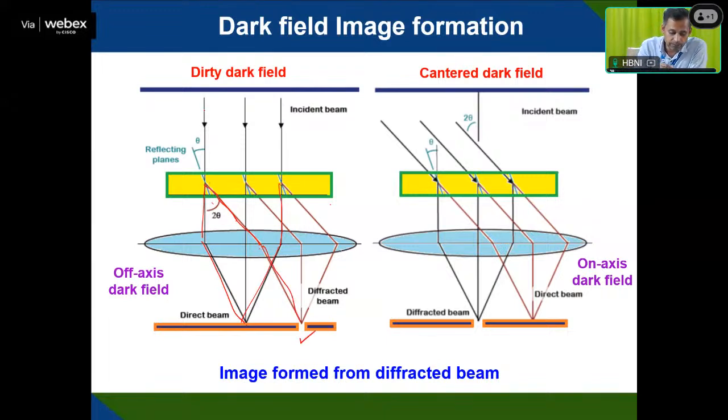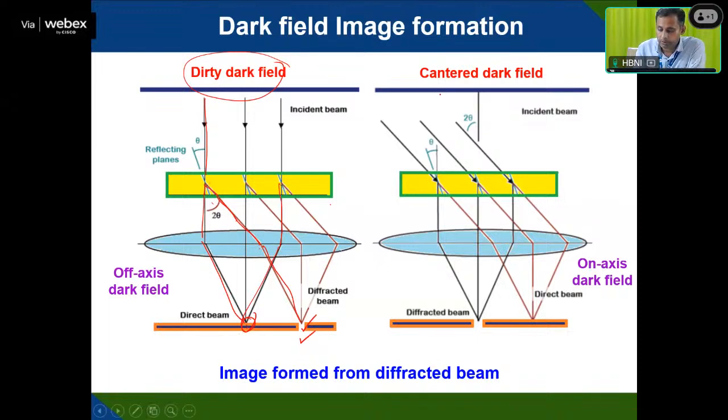If the direct beam is diffracting and you are using that, it is called dirty dark field image. It is called dirty dark field because this has to be the focus position, but you are preventing the direct beam and getting it somewhere here.